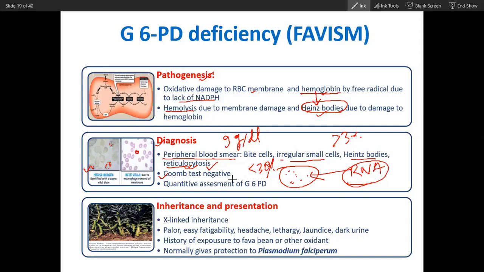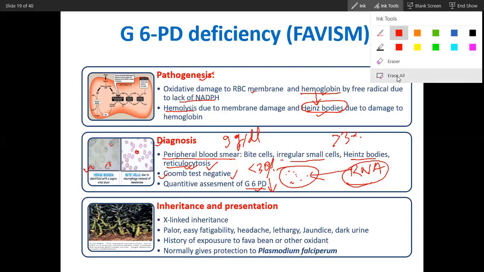So the Coombs test will be negative in such a condition. Then comes quantitative assessment of glucose 6 phosphate dehydrogenase: you test the G6PD activity in blood, and it will be less in G6PD deficiency.